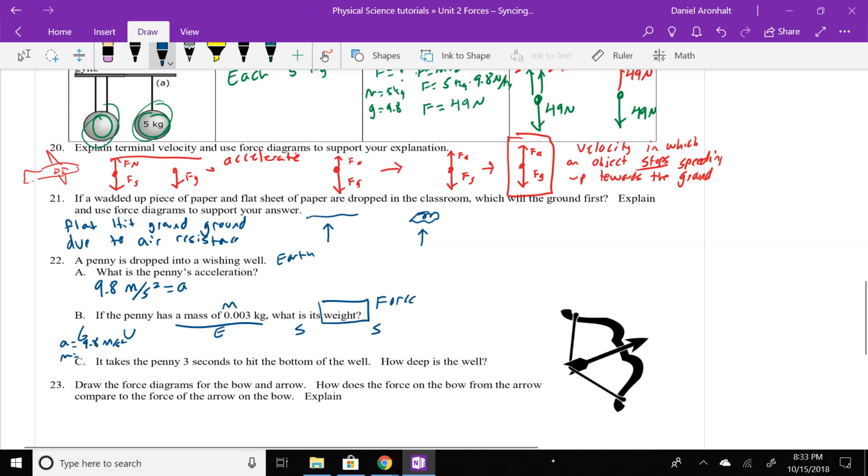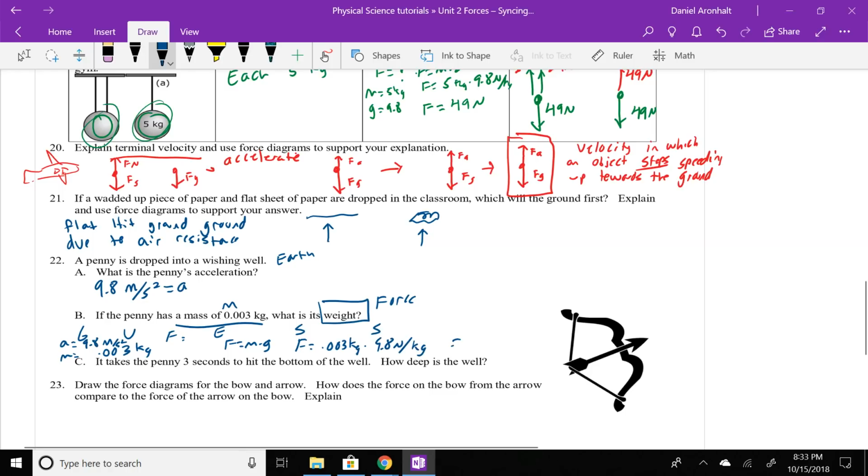You're given mass equals 0.003 kilograms. And you're looking for force. And the equation is F equals M times G.